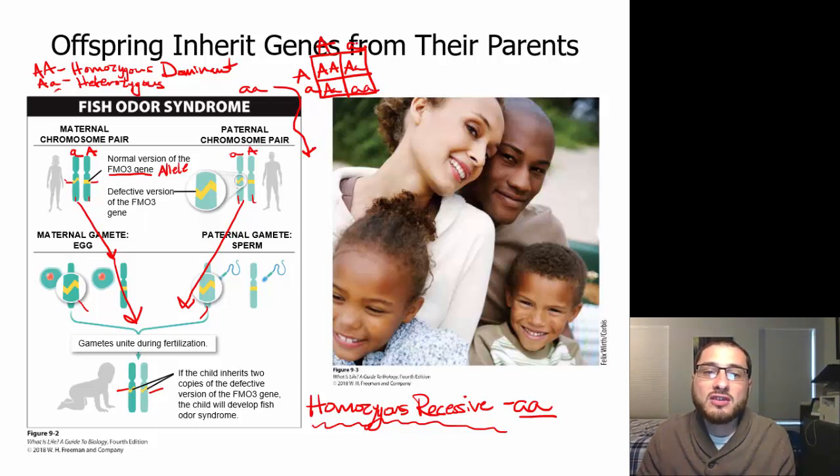So since they are heterozygous, they have a 25% chance of the offspring being homozygous dominant. You have a 50% chance, because 25 plus 25, that they are heterozygous. And then you have this 25% chance of being homozygous recessive, which means they have this fish odor syndrome.